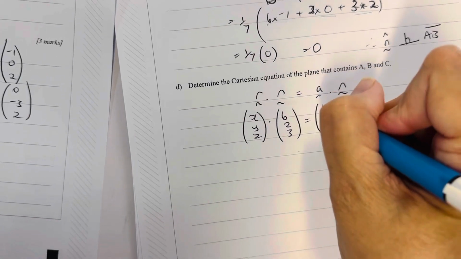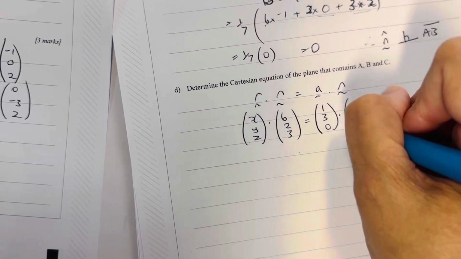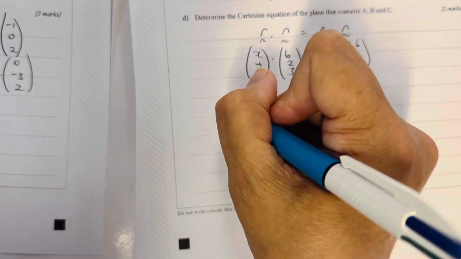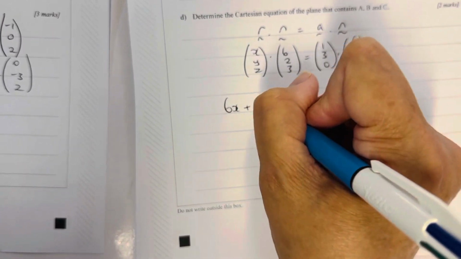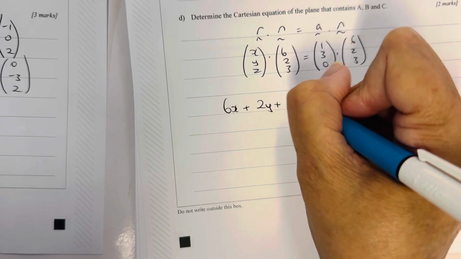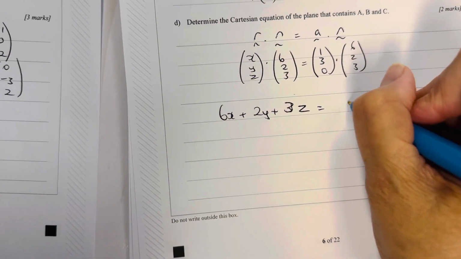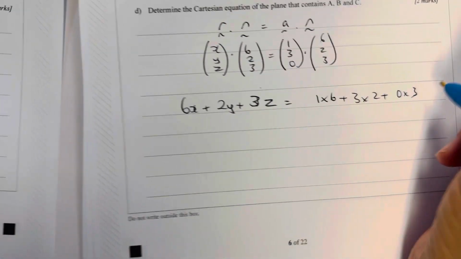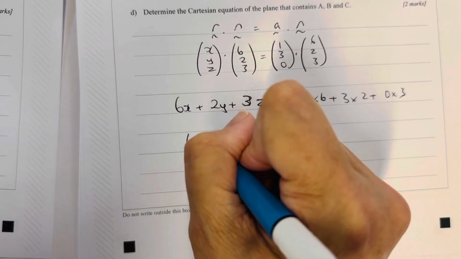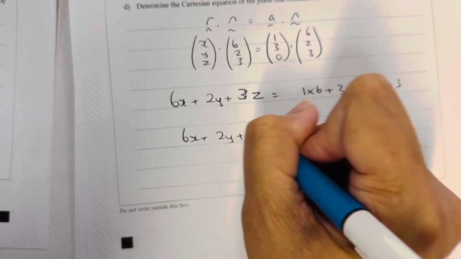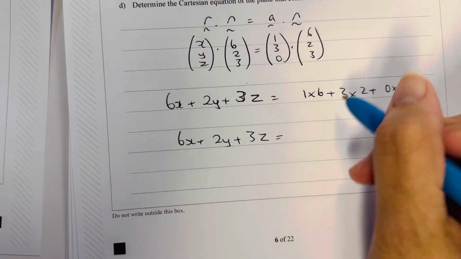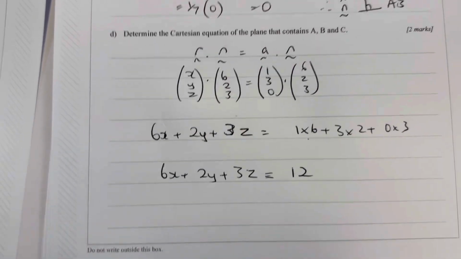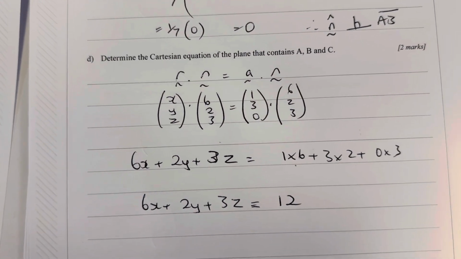A is 1, 3, 0, dot 6, 2, 3. So multiply that, I get 6x plus 2y plus 3z equals 1 times 6, 3 times 2, 0 times 3. So 6x plus 2y plus 3z equals 6 plus 6, so equals 12. And there's my Cartesian form of that plane.